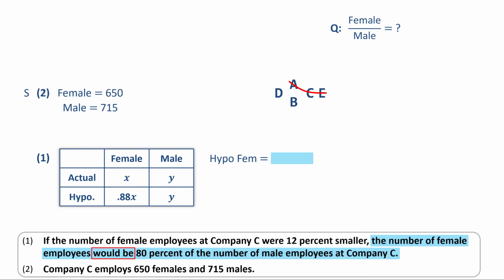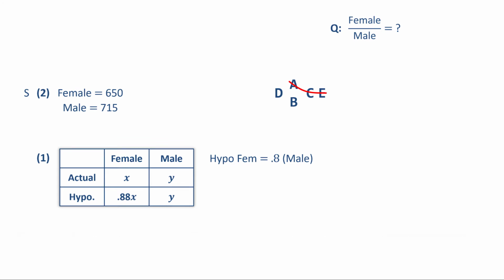To the right of would be in the clause is 80% of the number of male employees. This we can write as 0.8 times male. To be more precise, we could write 0.8 times hypo-male, because this whole clause is about the hypothetical case. I just wrote male because the number of males is the same in the actual and hypothetical cases. We have now finished translating the statements, but we still have work to do on our equation.